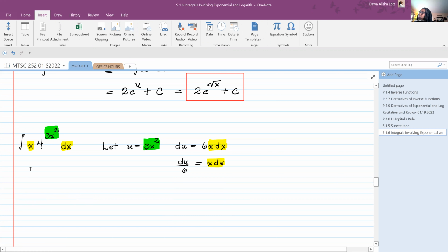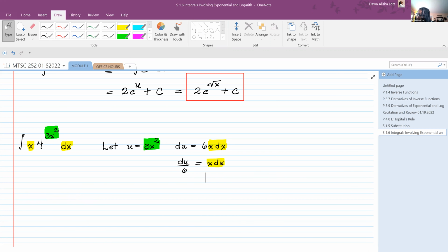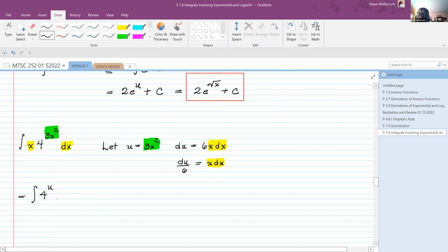Okay. So now when I go back to this, this is going to be equal to 4 to the 3x squared becomes 4 to the u, and x dx becomes 1 over 6 du. So this is now 1 over 6, the integral of 4 to the u du. Now we haven't done one of those. We've done the e's.